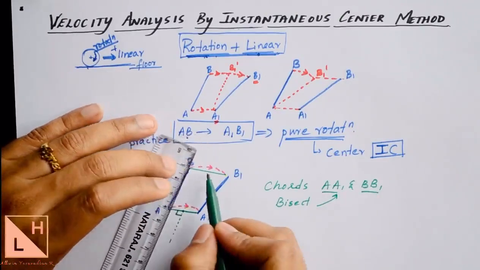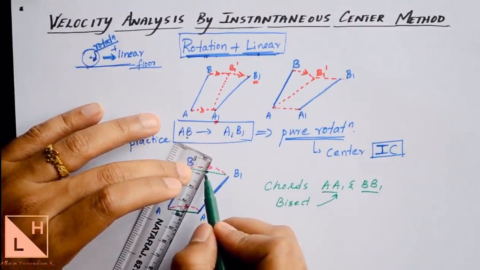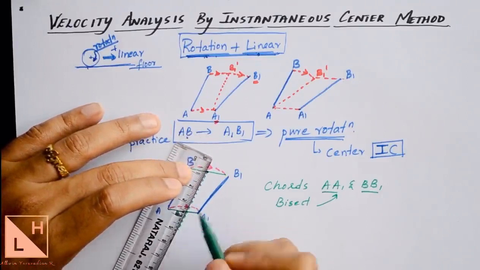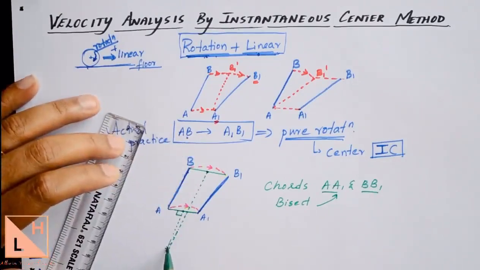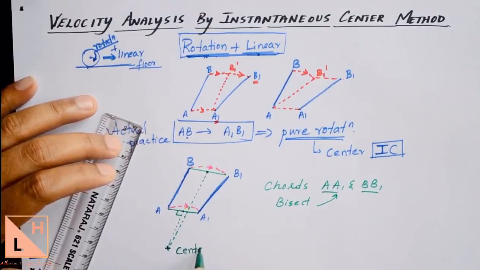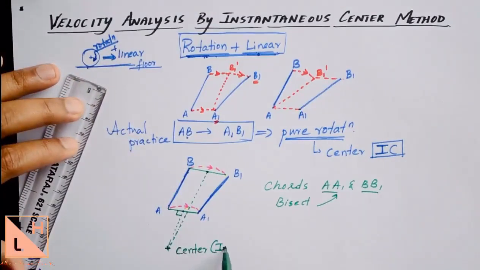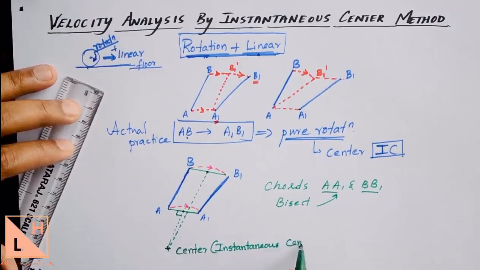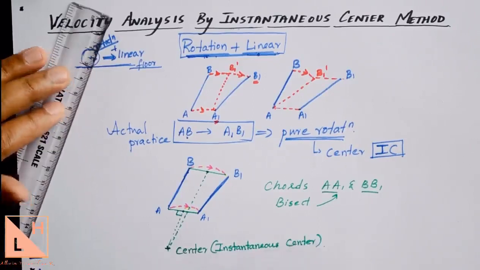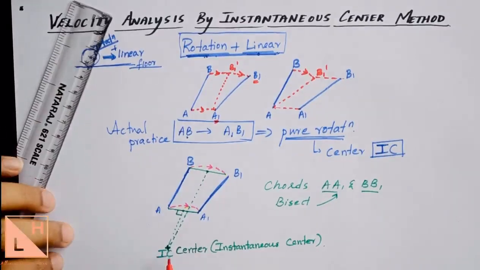In the same way, draw a bisector for BB1 from its midpoint, perpendicular to the chord BB1. These will intersect somewhere here. This center of rotation is nothing but the instantaneous center of this particular link.